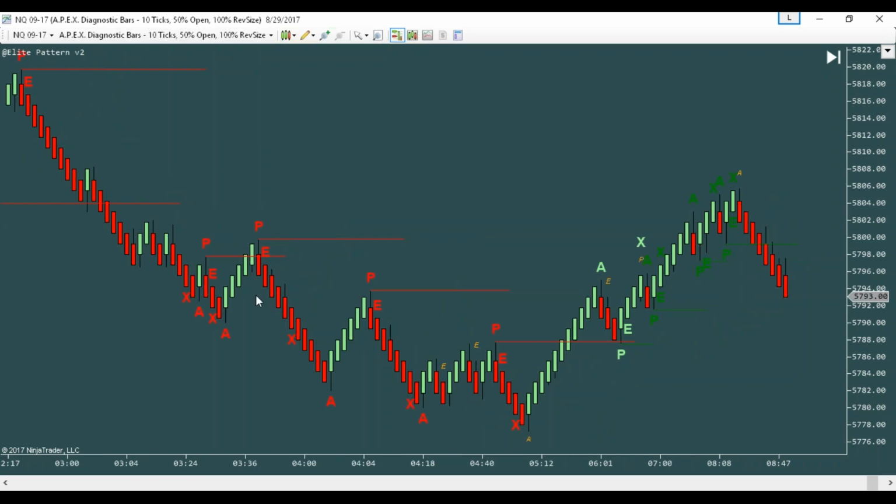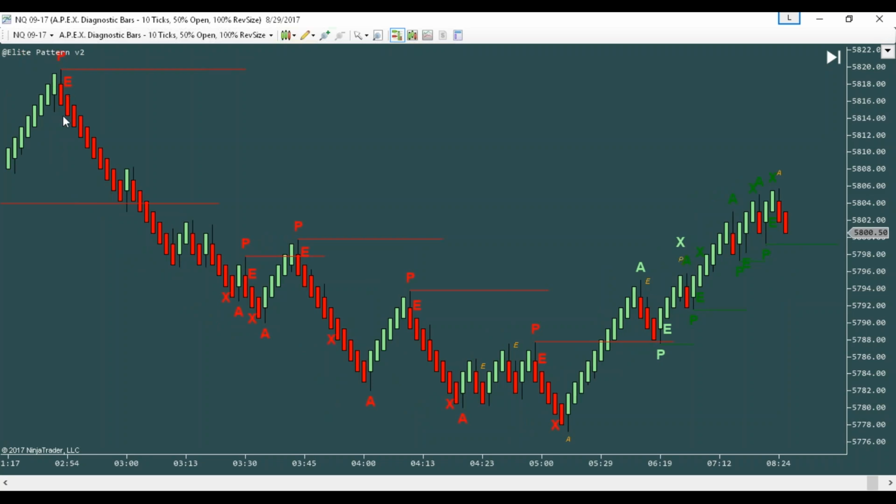Now, let me throw something else at you. What if you were looking at this chart and you're seeing P, E, boom, A, P, E. Do we like this one? A on one bar, P on the next bar, E on the next, no, that's bunchy. We don't like that. Well, what do we have here?